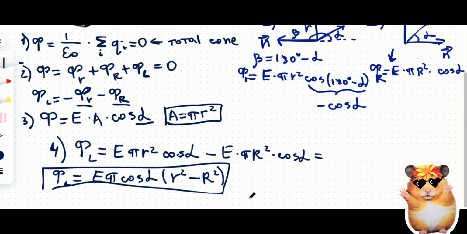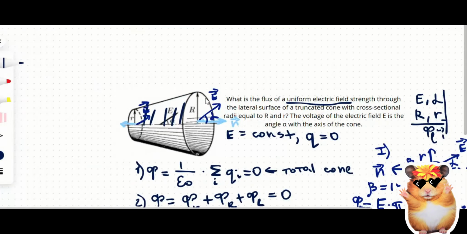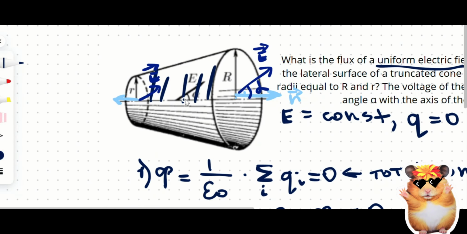But there is also a question: why is it negative? It shows that our flux will be negative. And let me answer your question. Let's take another case for our picture, when the alpha angle is equal to 0.